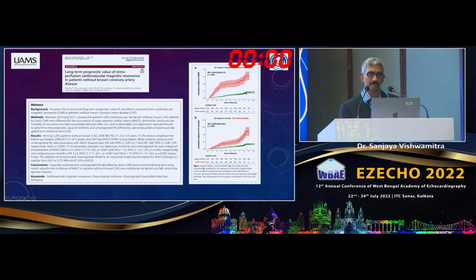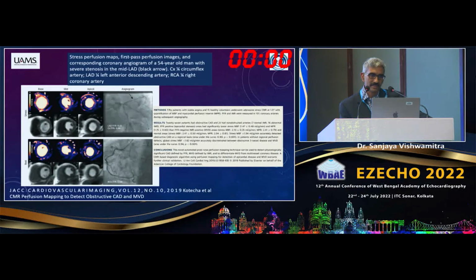And as you might expect from the previous slide, the patients with ischemia and MI clearly had a poorer prognosis in terms of future MACE events. So yes, this can help you even when the patient is not suspected to have coronary artery disease.